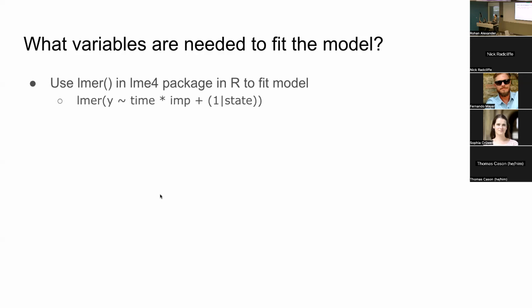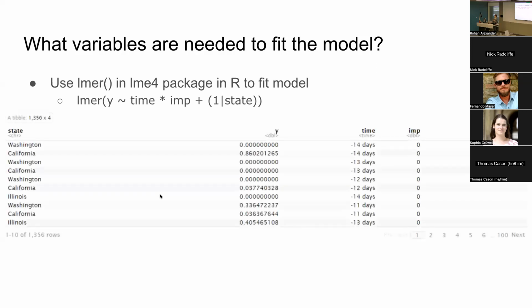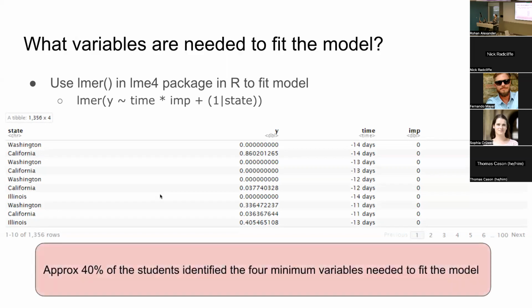To fit this model in R, we need at least 4 variables: state, the outcome, time, and the implementation period, which is a binary variable. Only 40% of the students identified the 4 minimum variables needed to fit the model. A lot of the students forgot to list the variable state, which is the ID variable in this model.